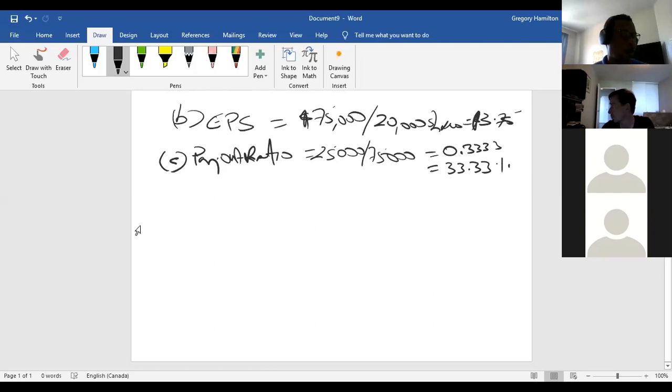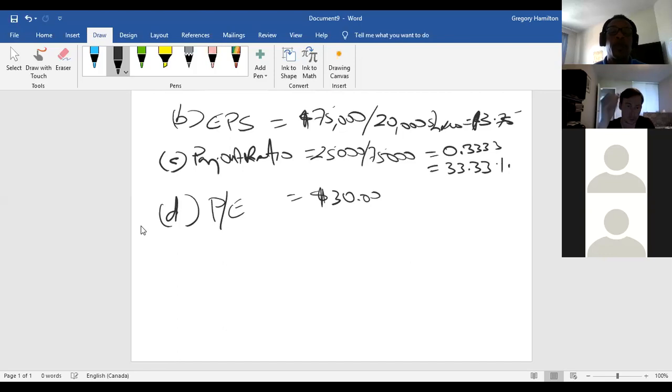And for D, P/E ratio, for a $30 per share stock price over the earnings per share of 3.75, that gives us about 8.0.